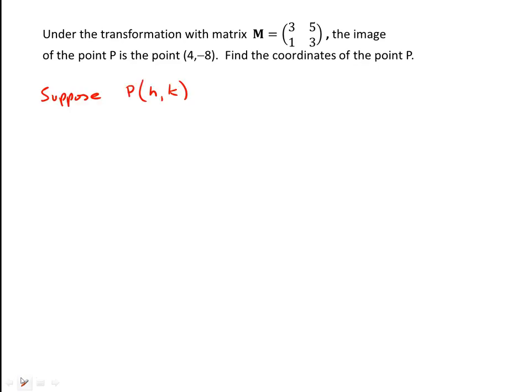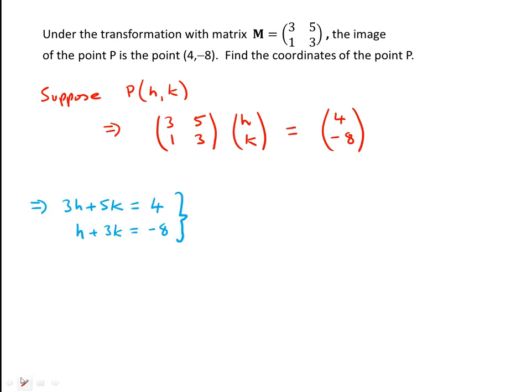So let's suppose that P is the point H, K. Then what we're being told is that the matrix times H, K must equal 4, minus 8. So we've got 3H plus 5K must equal 4, and H plus 3K must equal minus 8.